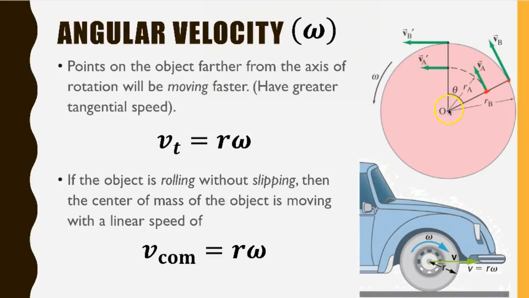Since they're on the same radial line through the axis of rotation, they rotate at the same speed. The time it takes for A to go all the way around is the same as the time it takes for B, because they're on the same disk. Imagine they're on a record player that's revolving. They go around in a circle in the exact same amount of time. So the angular velocity is the same for both.